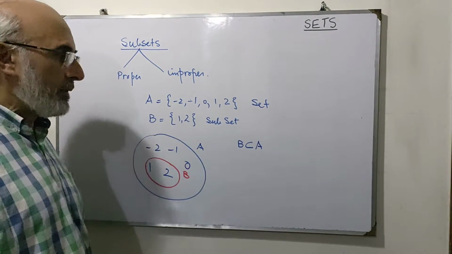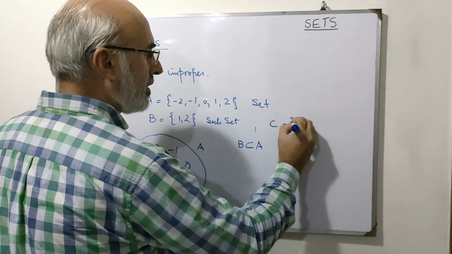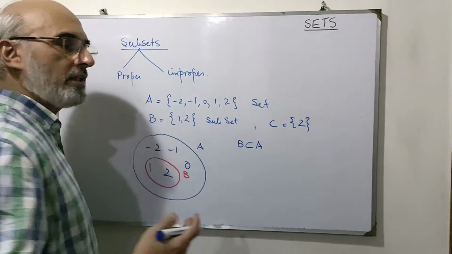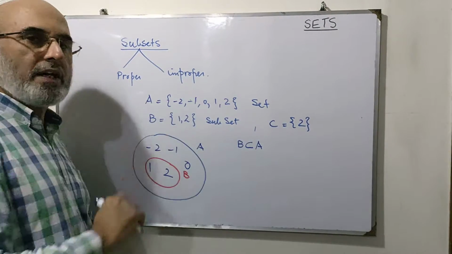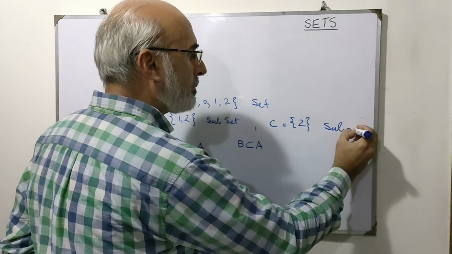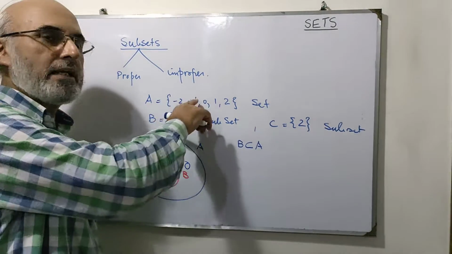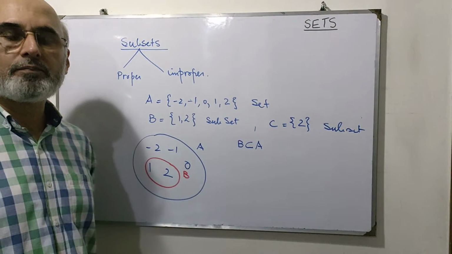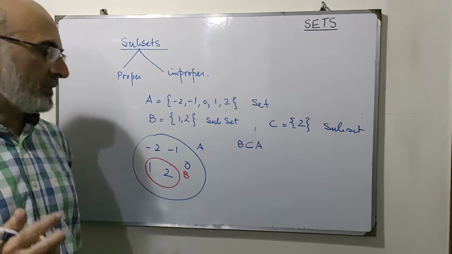Let's take another example. Now C is also a subset, and C is a proper subset of A. Why is it a proper subset of A? Because it contains only one element, and that element is in A, so it is also a proper subset.